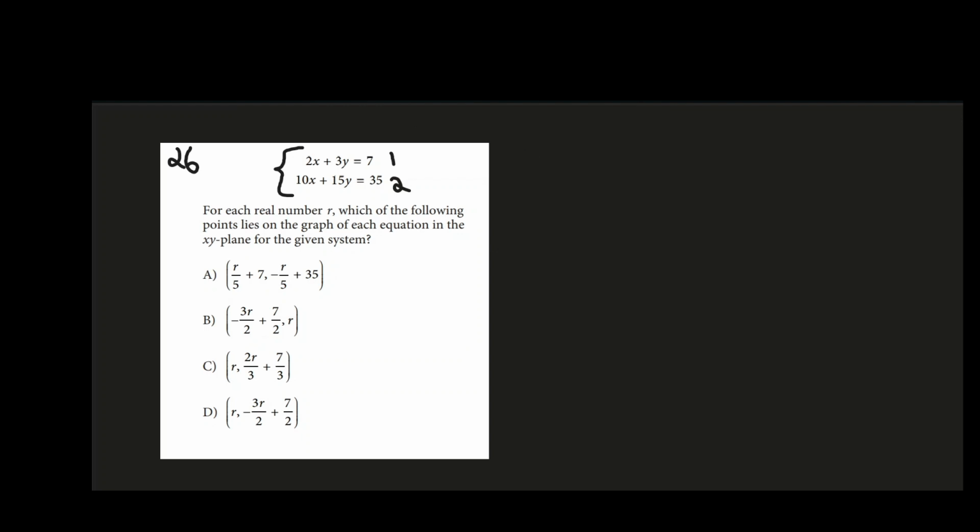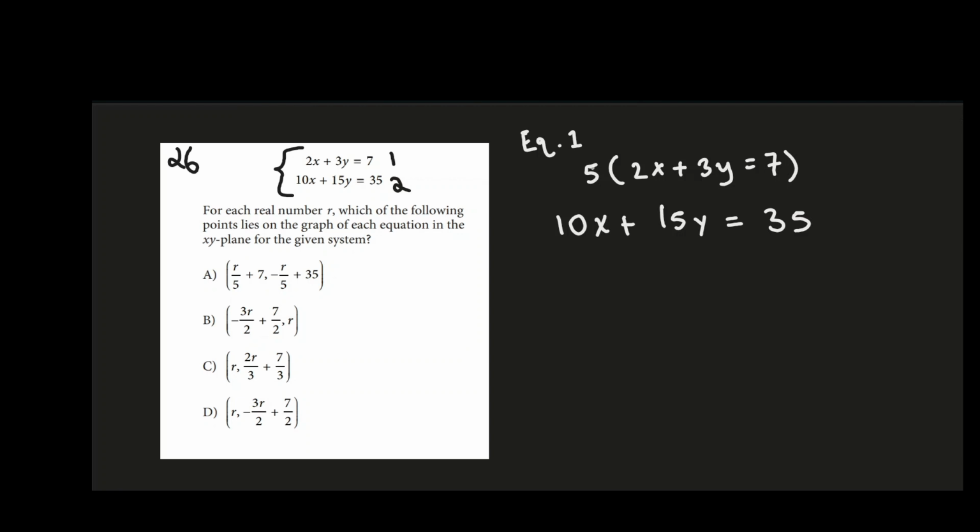Our first step is to notice that our first equation, equation number 1, can be rewritten as our second equation if we multiply it by 5. So 5 times 2x plus 3y equals 7 yields us 10x plus 15y equals 35, because we're going to distribute 5 to 2x, to 3y, and to 7.